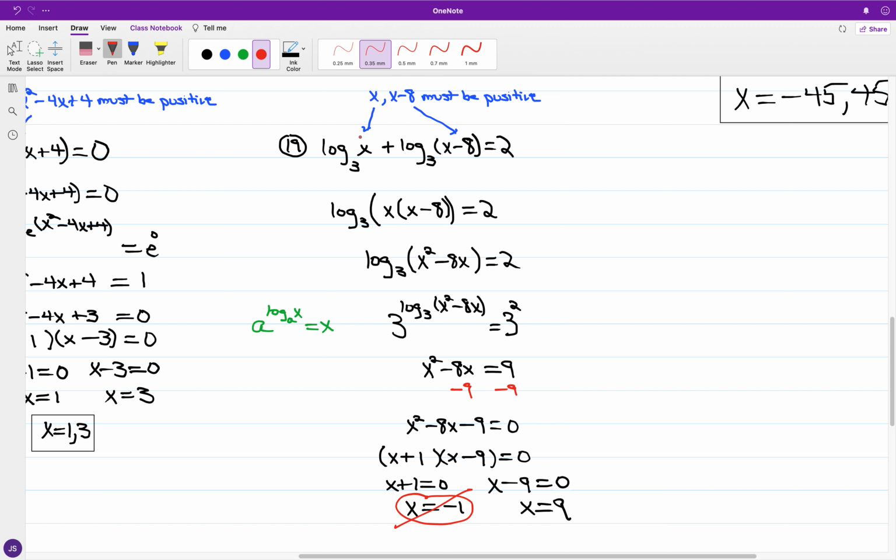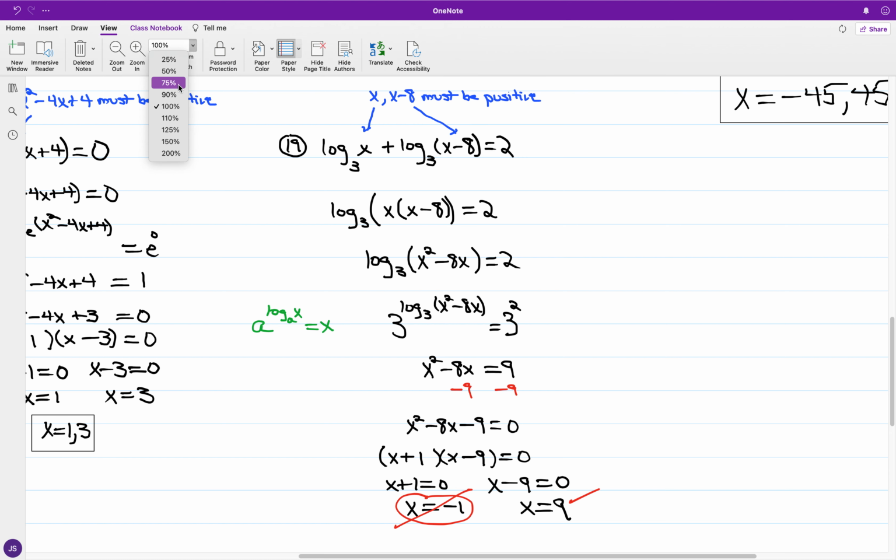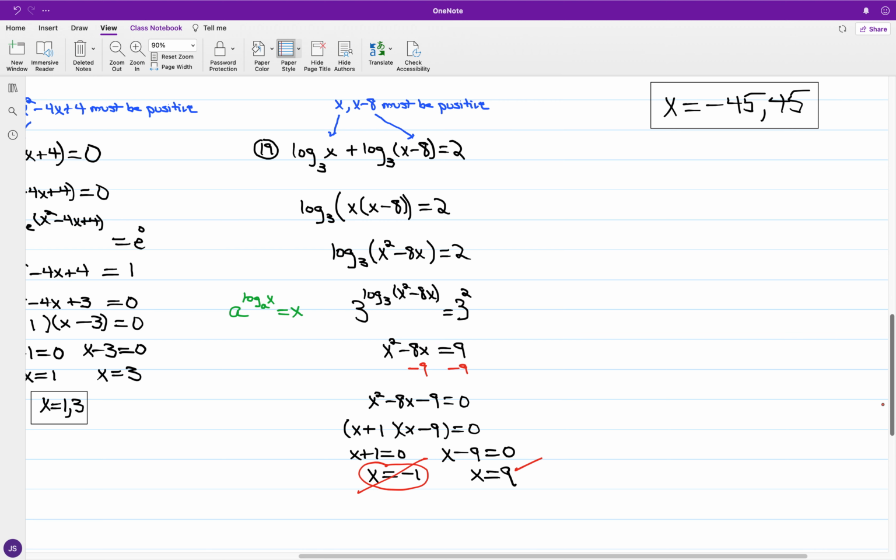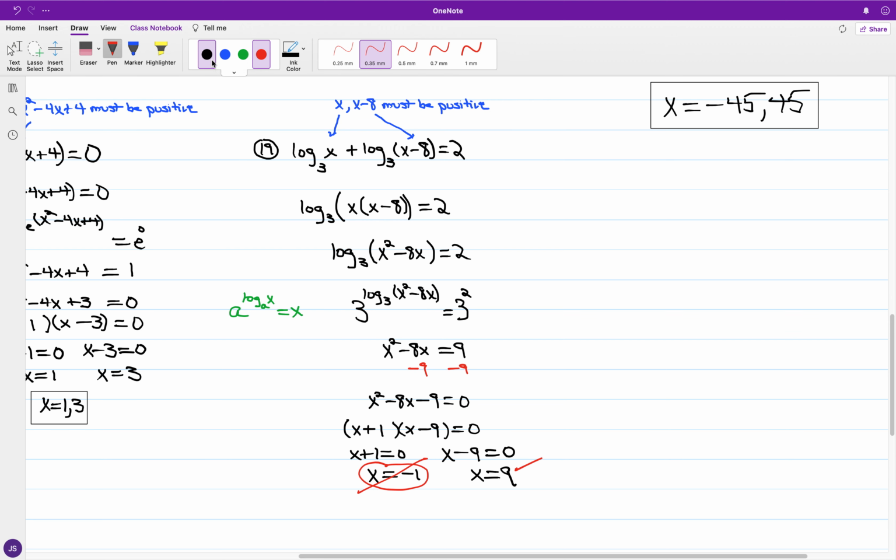For 9, you've got 9 for x, 9 is positive, and 9 minus 8 is 1, also positive. So 9 is going to check out. So for this problem we have what could have been 2 solutions, but what turned out upon inspection to be only 1 solution. And that solution, again, is x is equal to 9.